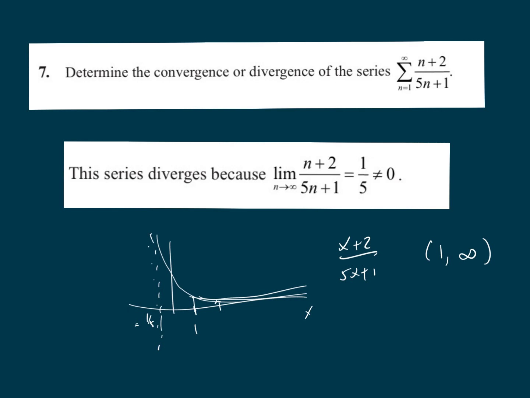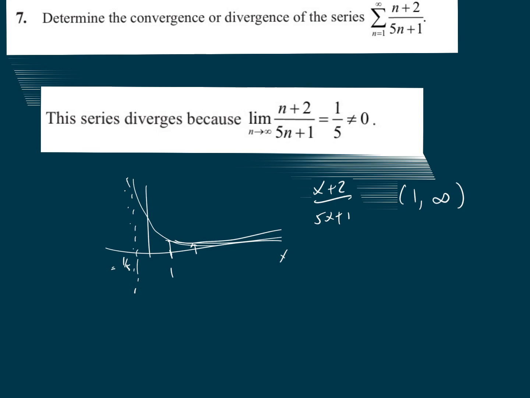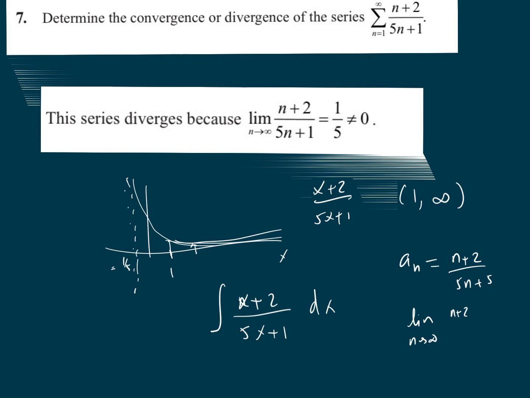So I could do the integral of (x plus 2) divided by (5x plus 1) dx to see if it will diverge, or I will pay attention to one fact: that the a sub n doesn't go to 0 when n goes to infinity, because the limit when n goes to infinity of (n plus 2) divided by (5n plus 1) is 1/5.